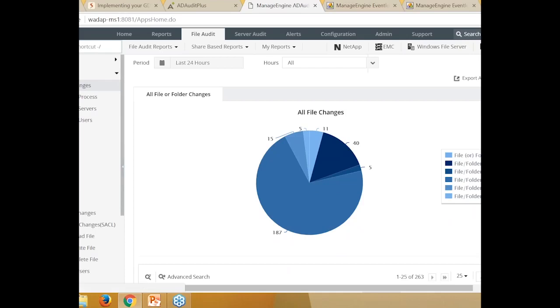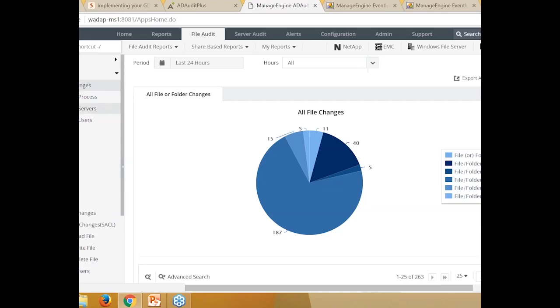So what the tool gives you is a huge bunch of data that is important to complying and implementing your GDPR security program at your fingertips, because you don't need to run these reports by doing any sort of manual configuration. As soon as you add your domain controller or your file server, you can start extracting this information out of the box from the tool.